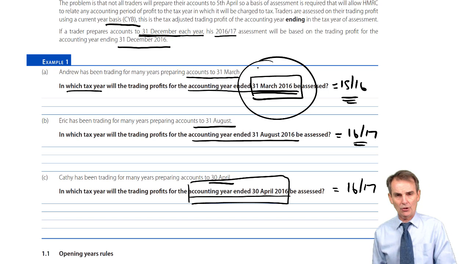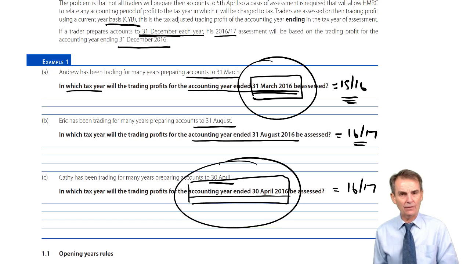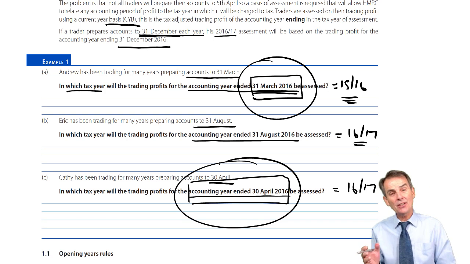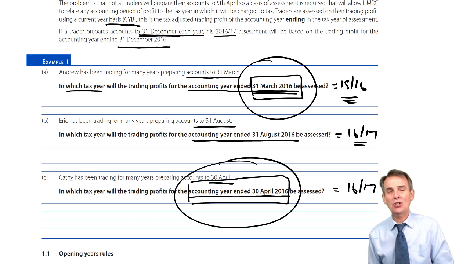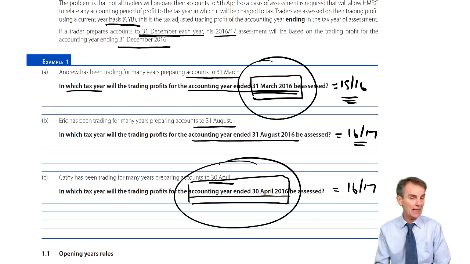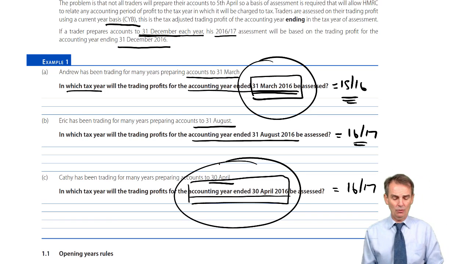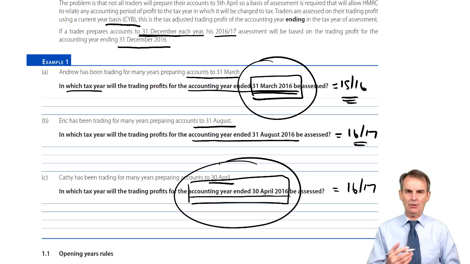Should I prepare accounts to the 31st of March, which ends just at the end of a tax year, or should I choose 30th of April, where a year ended 30th of April will end just at the end of the first month of the tax year? And that's going to have an impact in relation to that choice of accounting date.